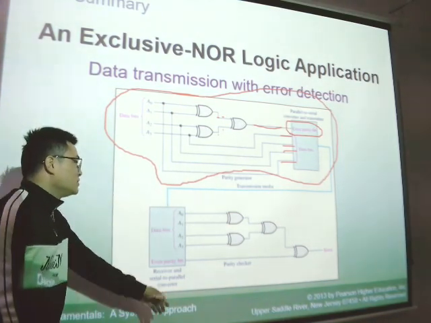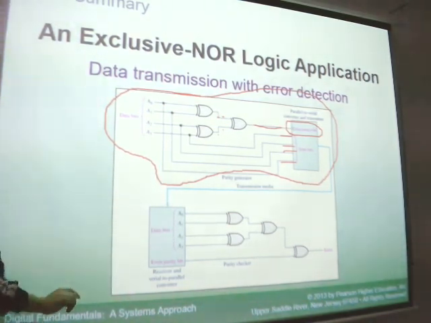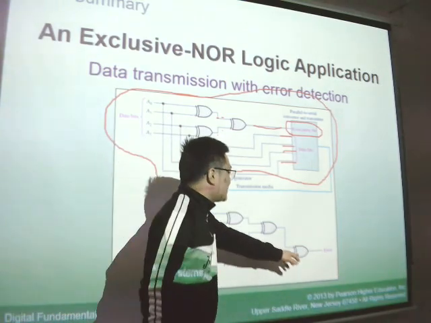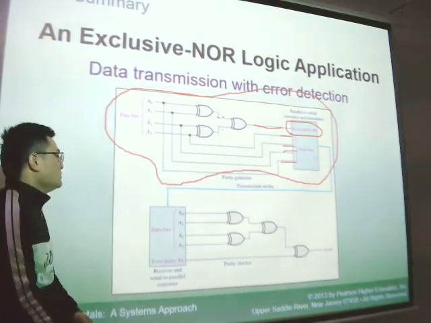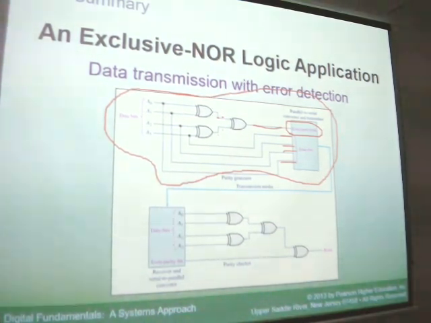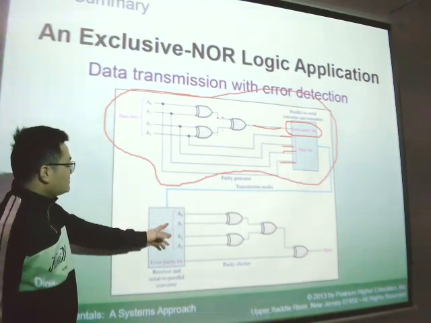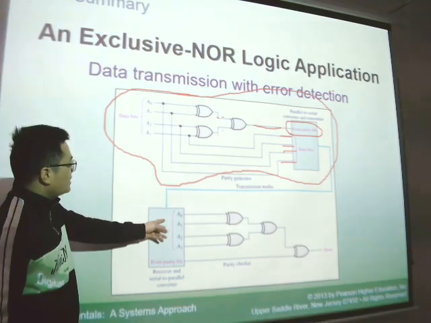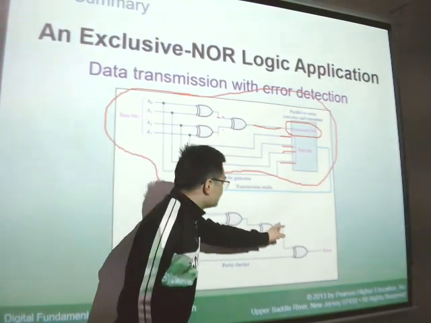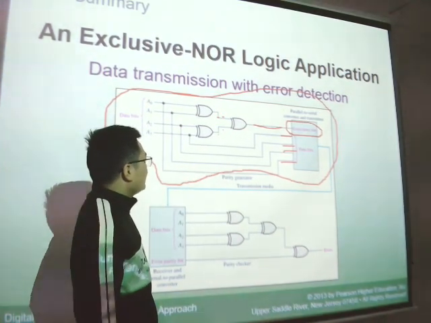If the output is wrong, then the indicator will show it. That is the transmitted wave.